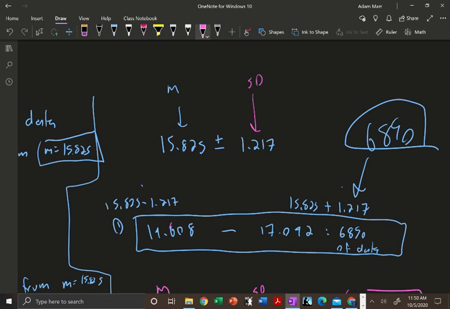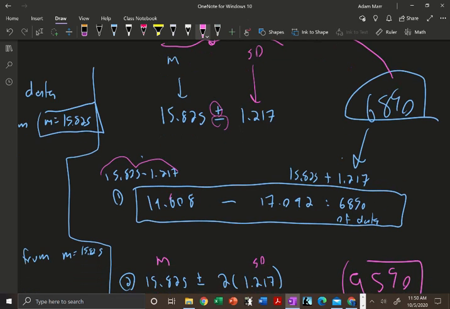First of all, the 68% of your data is going to be between 15.825 minus 1.217 and 15.825 plus 1.217. Obviously, the minus is what we do first, because that's going to be on the left-hand side if you think of this like a number line. 15.825 minus 1.217 is 14.608, and 15.825 plus 1.217 is 17.042.